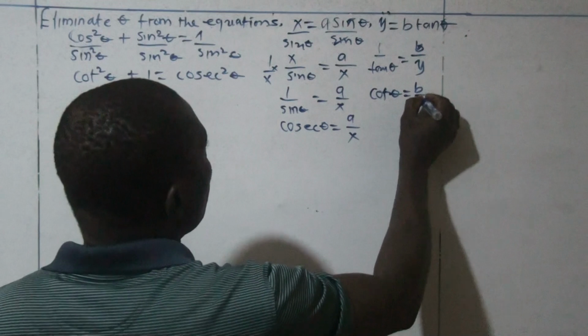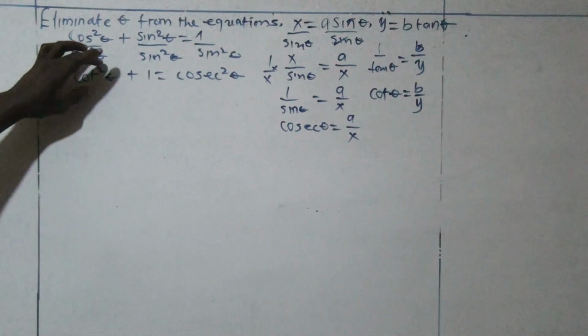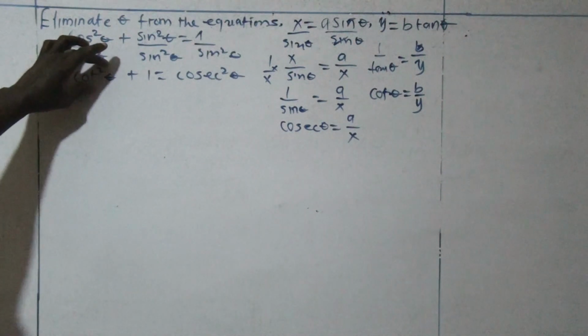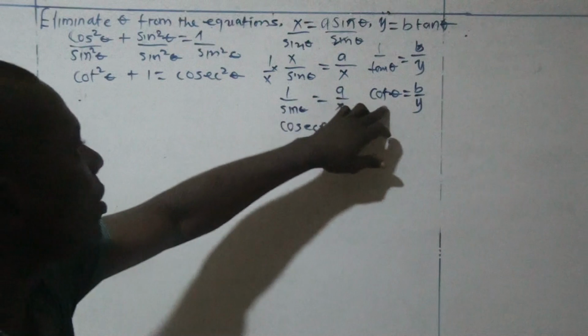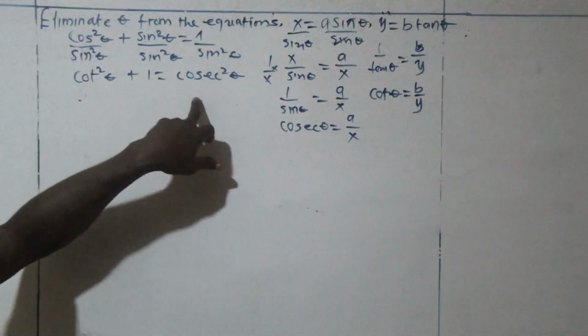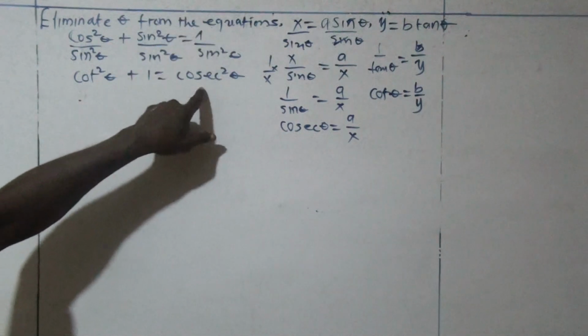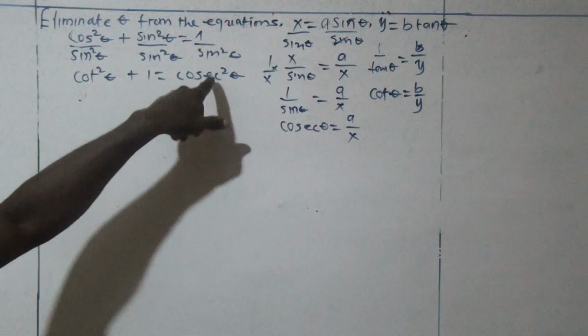B over y. Okay, and what we need to do here is we will substitute b over y in place of cot theta, and a over x in place of cosec theta.